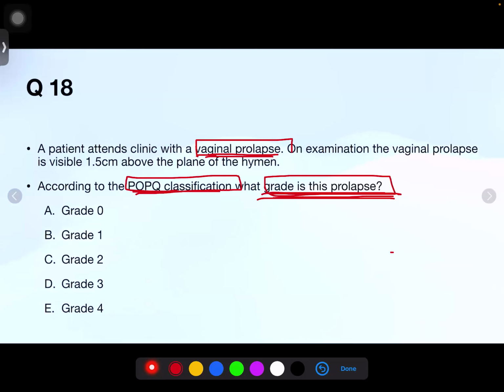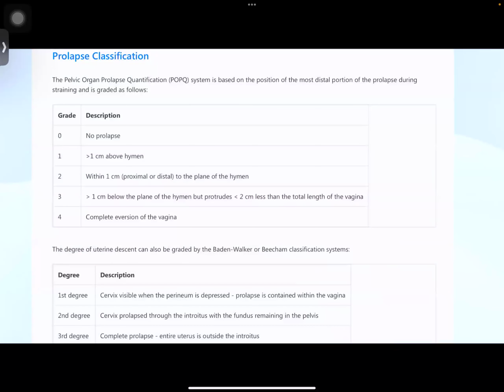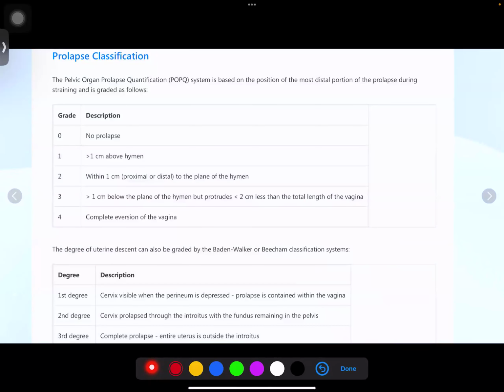Is it grade 1, ma'am? Yes, grade 1. This is actually a topic of MRCOG part 2, so you just have to know the grading system of the POPQ classification. Grade 0 means there is no prolapse.